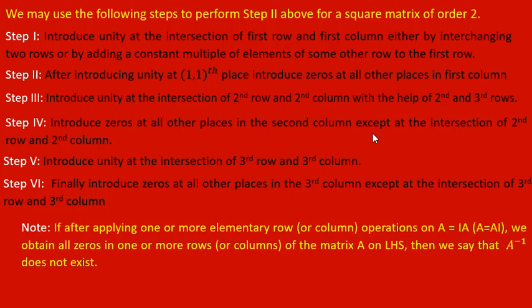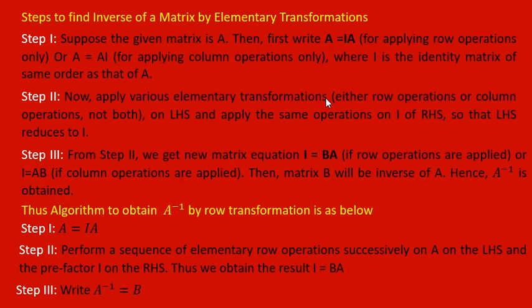Now, in step number 2, we may use the following steps to perform step number 2 above for a square matrix of order 3. Actually, here there is some printing mistake. It should be of order 3. So step number 2 is applying the various elementary transformations, right?